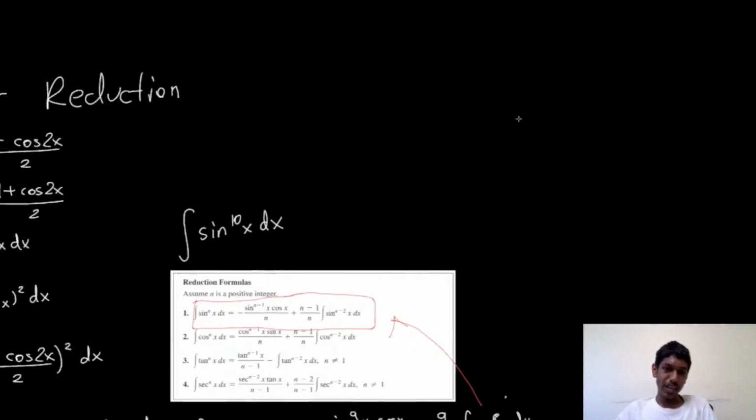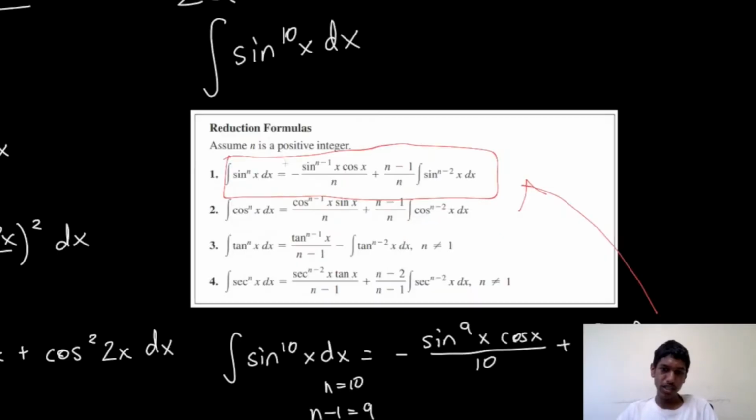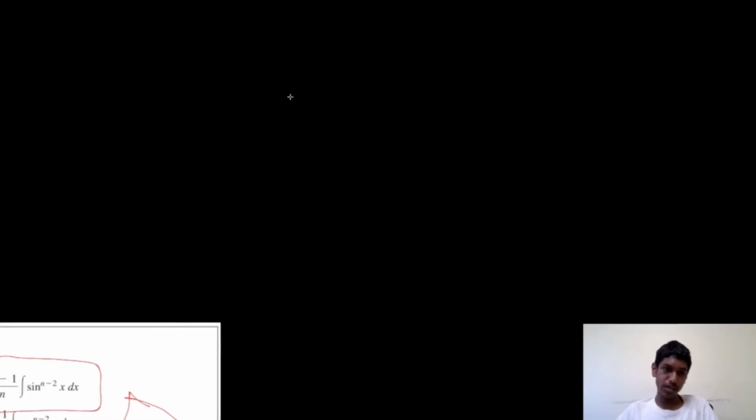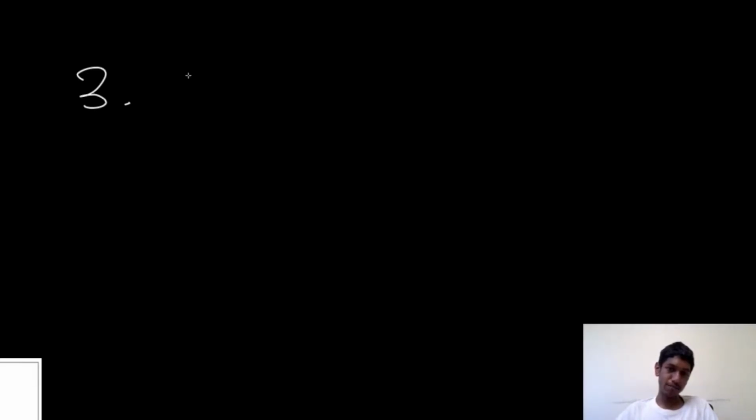Okay, now the final method here, so you could call this another method. I'll call this 2a, because really these reduction formulas help you do the power reduction. But the third method here is using other trig.